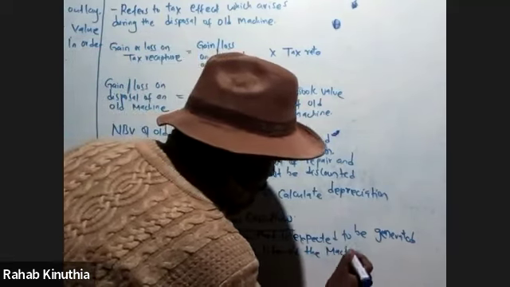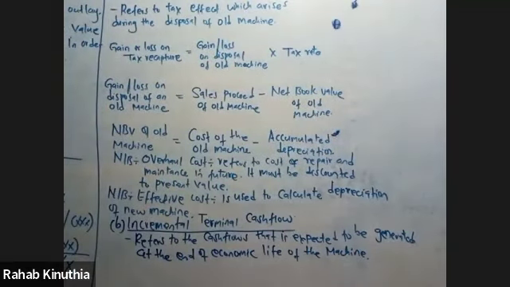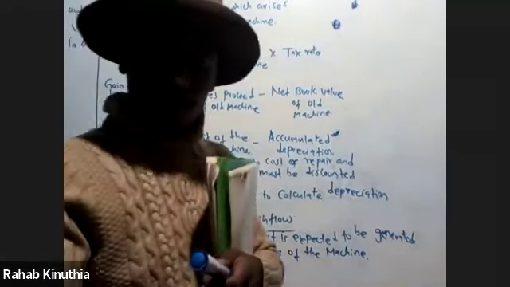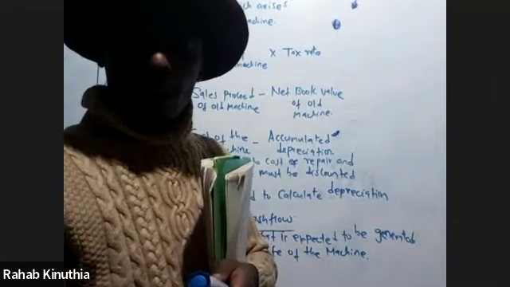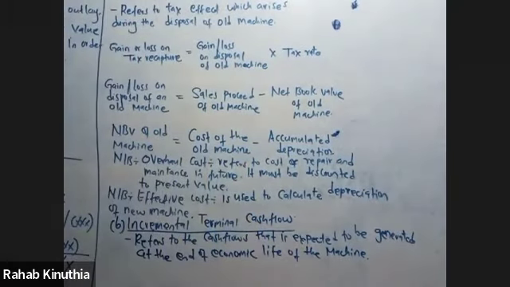Let us use the word machine because we are in a replacement. So the cash flow expected to be generated at the end of the economic life of an asset is what we call the terminal cash flow.